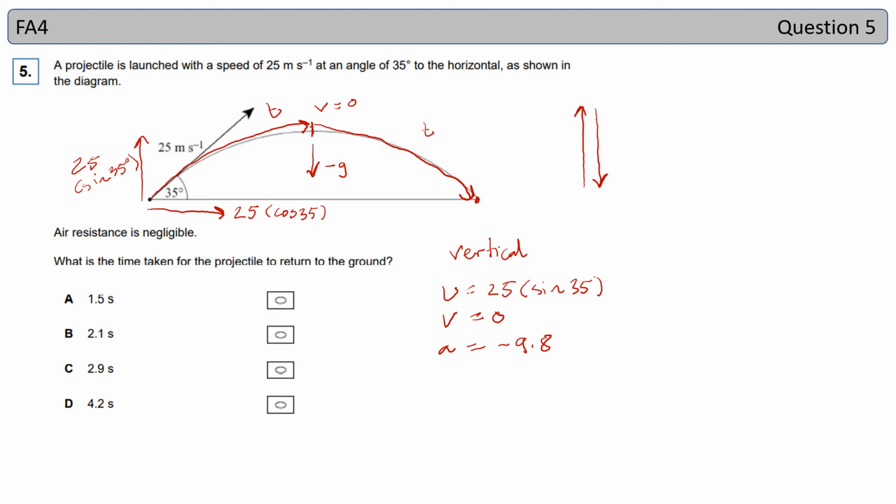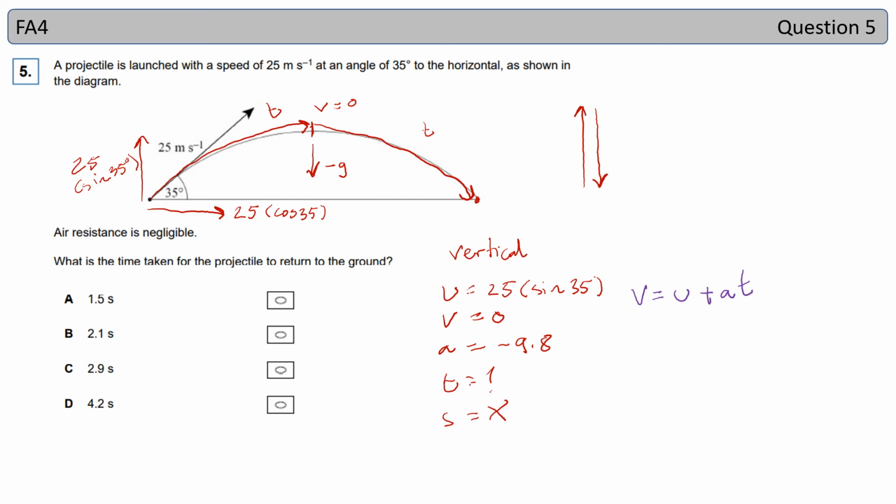And then it just becomes a nice little modelling question. t is what I'm looking for. s I don't actually need. So I want to find out t when I have a, v and u. So I can use the equation v is equal to u plus at.